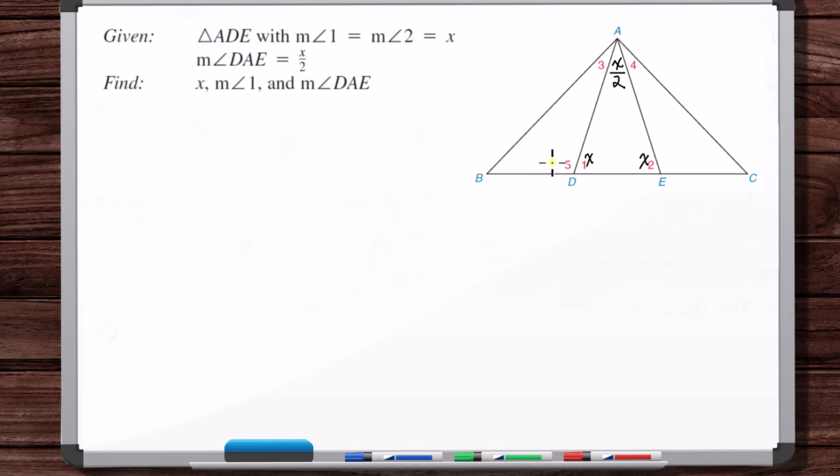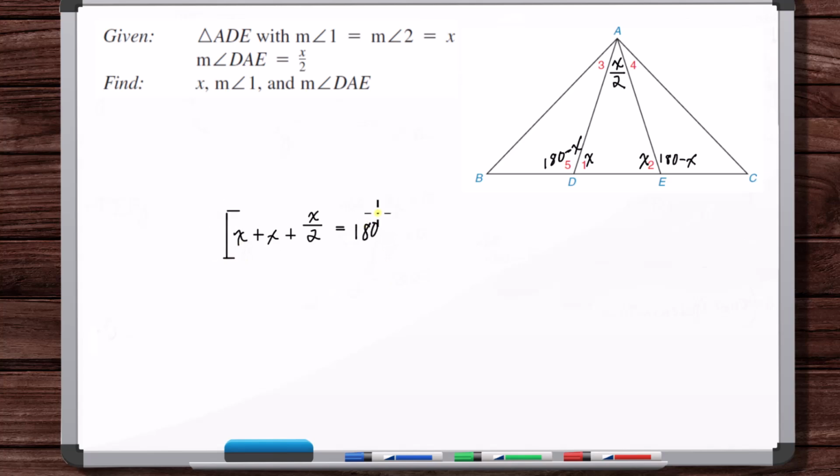Okay, so since 1 and 5 are supplementary, and then here, same thing. Okay, now if we sum the angles of this triangle DAE, x plus x plus x divided by 2 is going to be equal to 180.